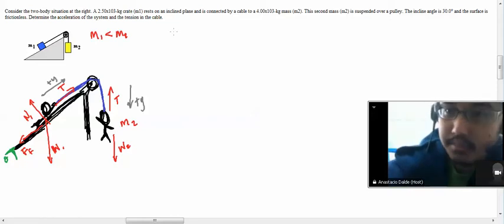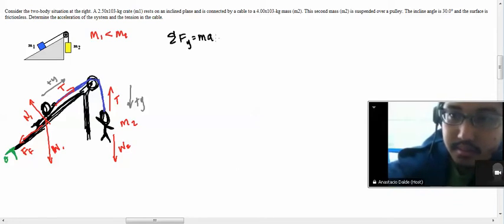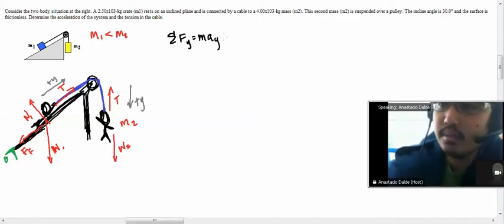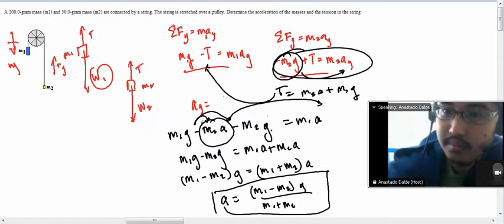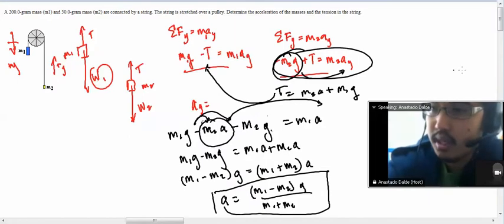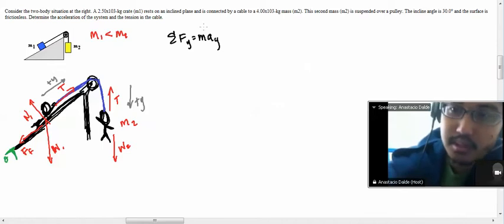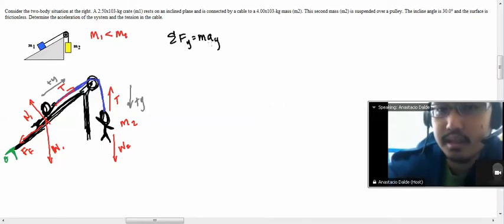Why don't we add up all of the forces in the Y direction? Cool. And you know what we can do is, for this problem, the Atwood machine, that's what this thing is called, you can actually do the sum of the forces on the entire system at one time. So first we need to ask ourselves, is the acceleration 0?